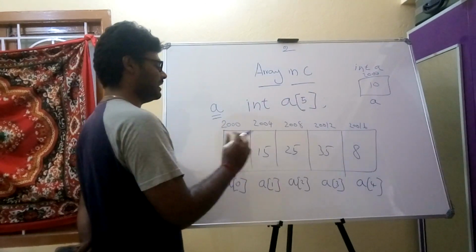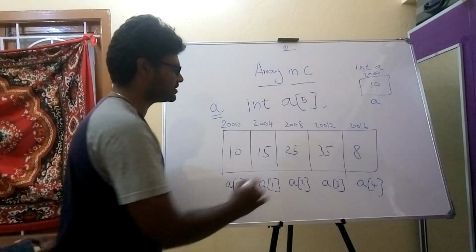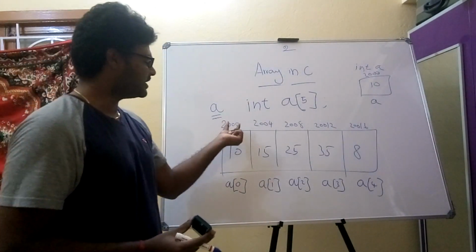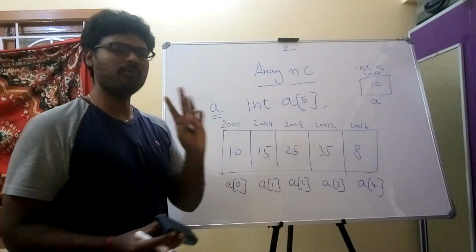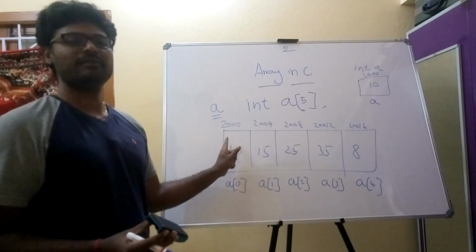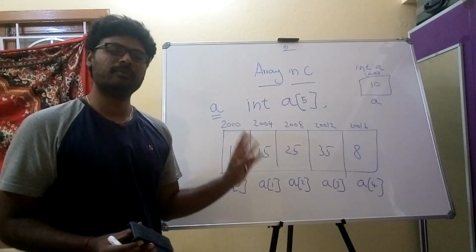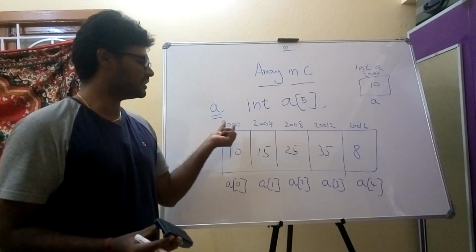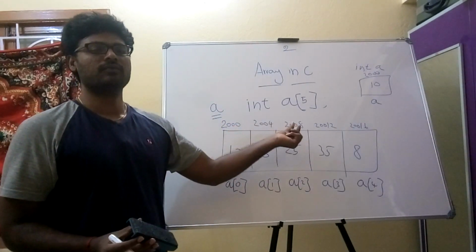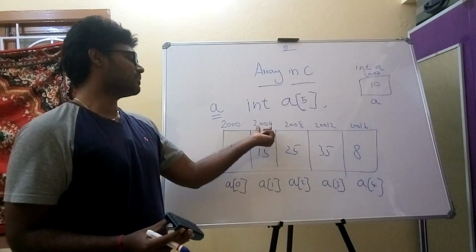Likewise, all the elements are stored. Why is it incremented by 4? Each and every integer element occupies 4 bytes in RAM or primary memory. That's why it is incremented by 4. The first element is stored in 2000, the second element is stored in 2004.